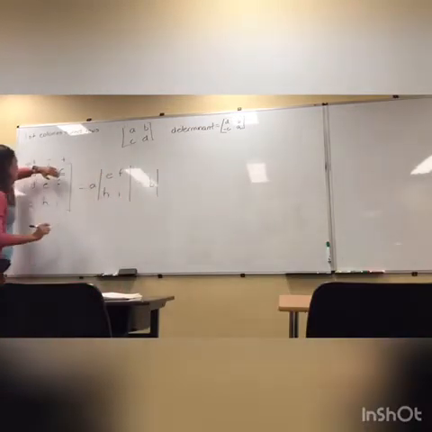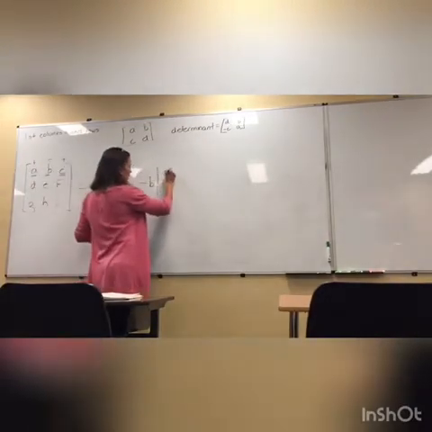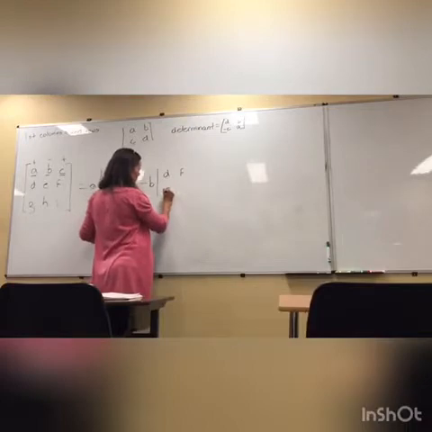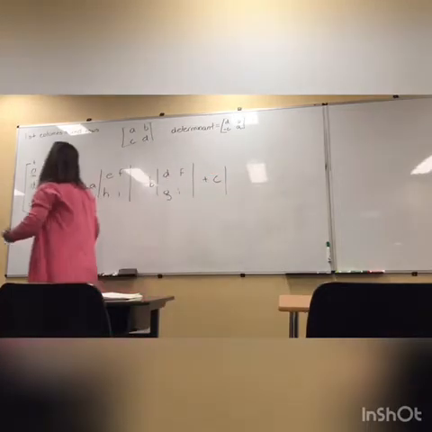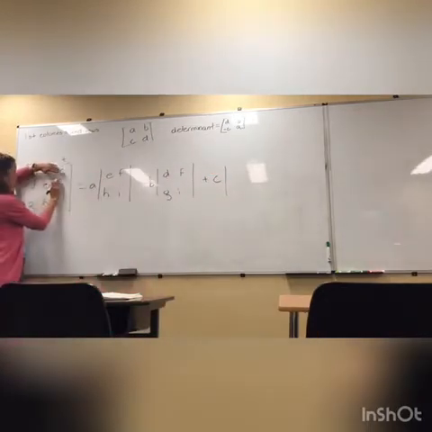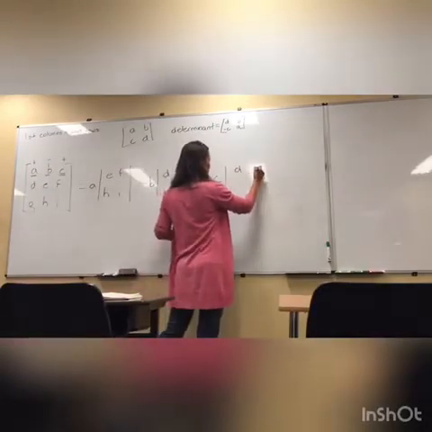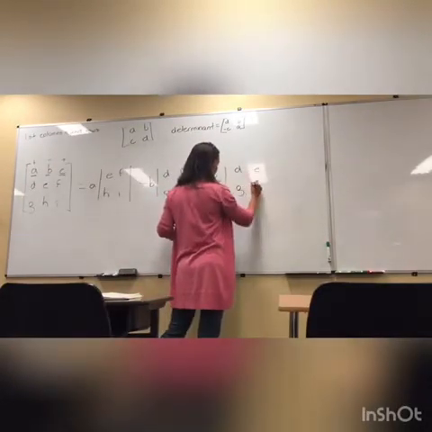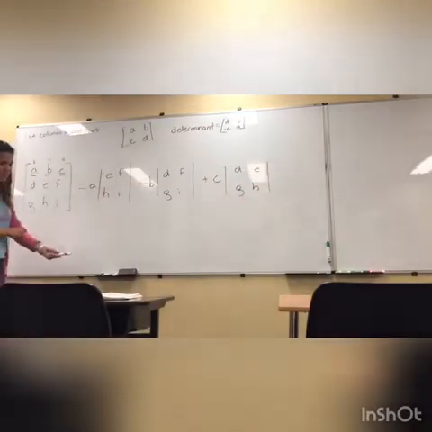And again, I'm going to take out the row and the column of B. So that's going to leave D, F, G, I. And then C is plus. And what do we have left when we take out the row and the column of C? D, E, G, H. And that is the determinant of this 3 by 3 matrix.